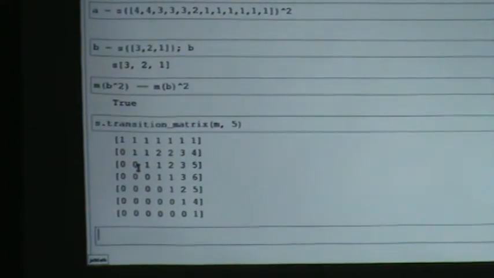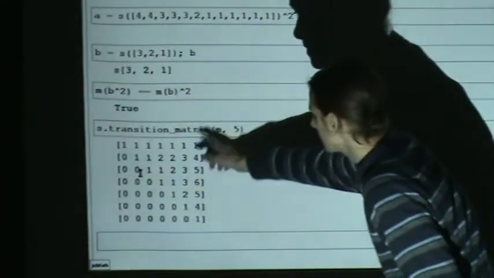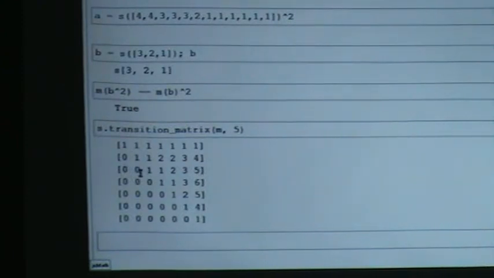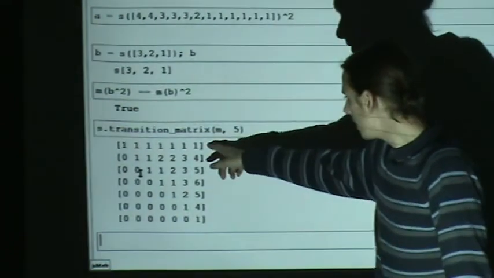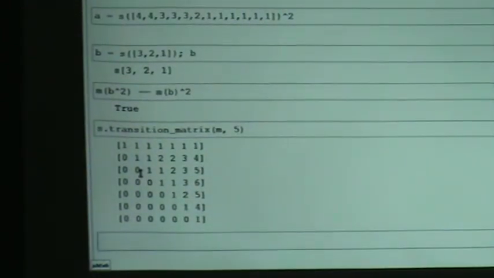So the transition matrix between the Schurs and the monomials turns out to be the Kostka numbers. And if you just look at this column, that gives you the number of standard tableaux of that shape. So this corresponds to 5, this corresponds to 4, 1, and so on.